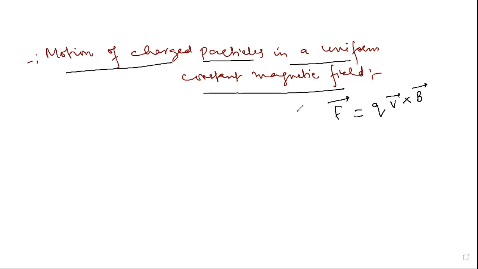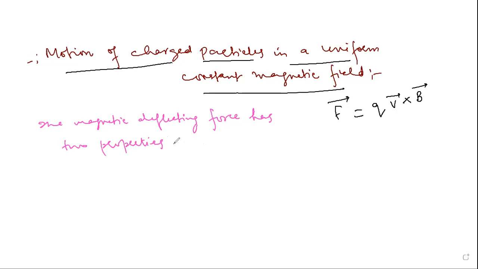So we must remember that the magnetic deflecting force has two properties that affect the trajectories of charged particles. What are the properties?